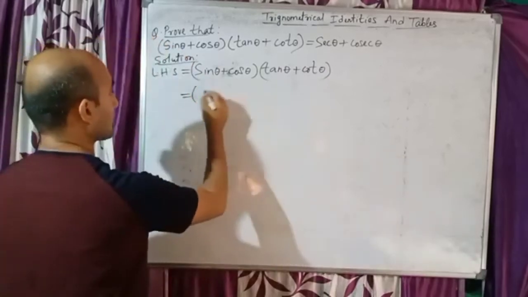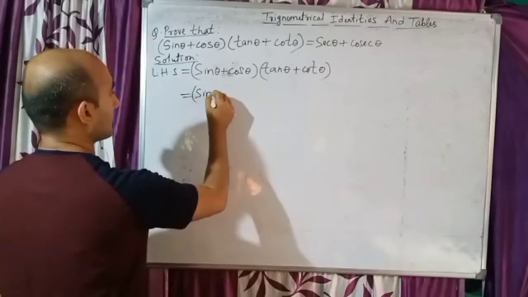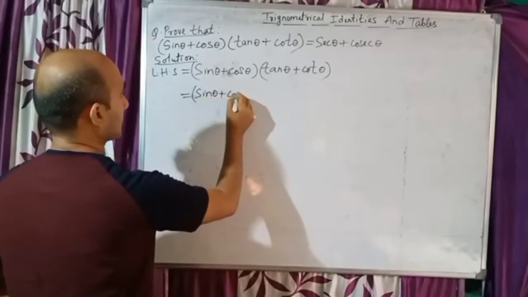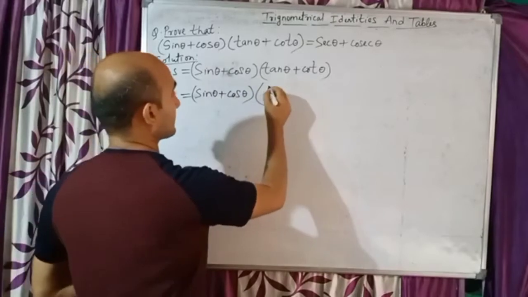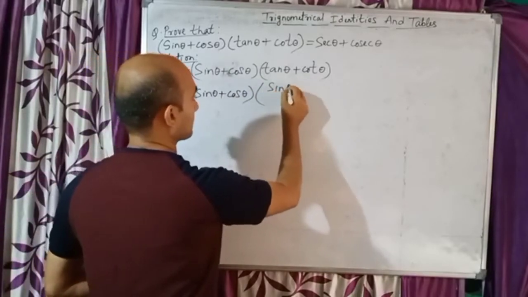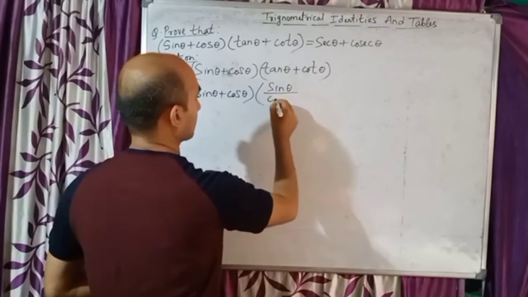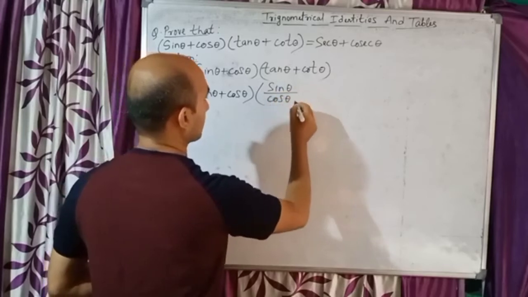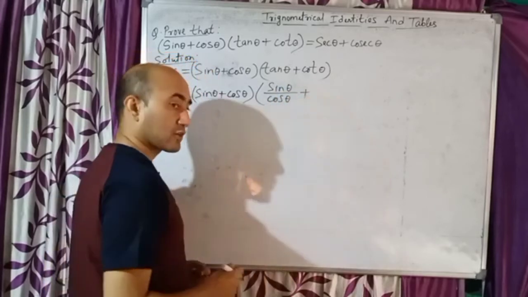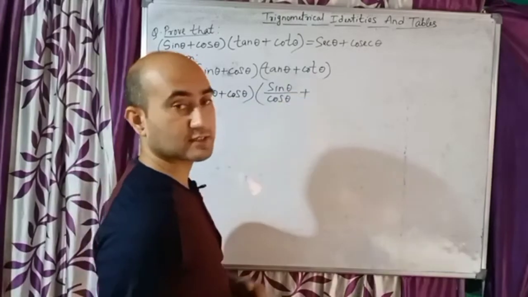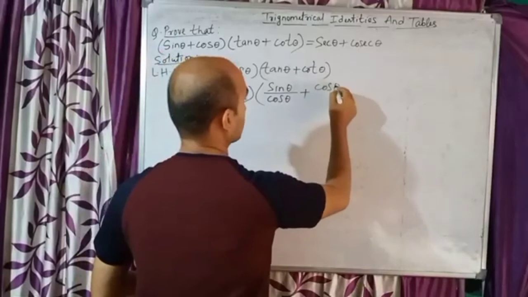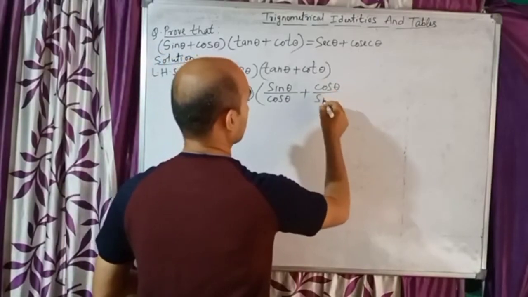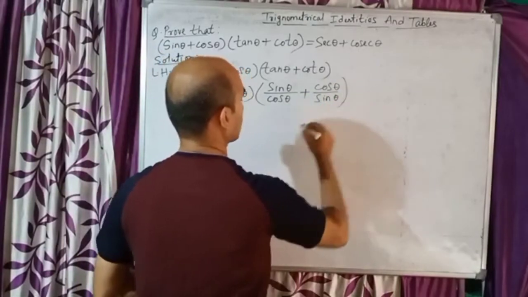So keep the first one same, sine theta plus cos theta, and here tan theta you write as sine theta by cos theta plus, and cot theta you write the formula as cos theta by sine theta.